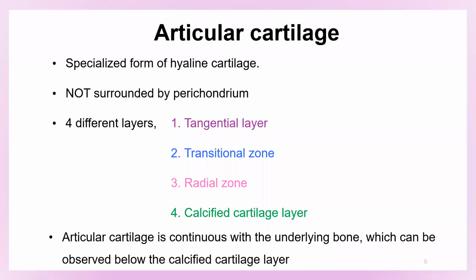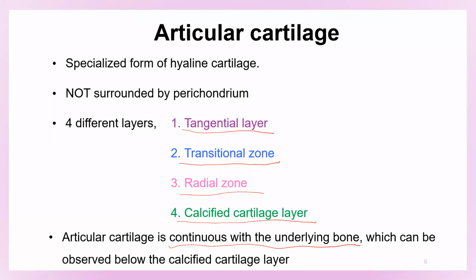You have a tangential layer, transitional zone or layer, radial zone, and the calcified cartilage layer. These 4 layers are seen in articular cartilage, which, as we learned earlier, is continuous with the underlying bone. The underlying bone can be observed below the calcified cartilage layer.